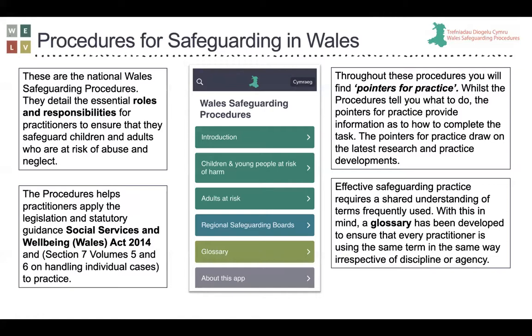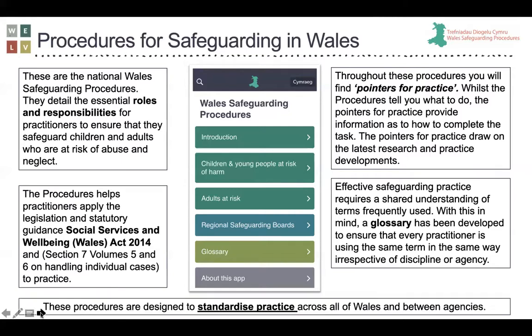It's important that every practitioner is using the same terminology in the same way, irrespective of their role, discipline, or the agency they work for. And to point out that these procedures are designed to standardise practice across the whole of Wales and between all the agencies with a responsibility for safeguarding children and young people.